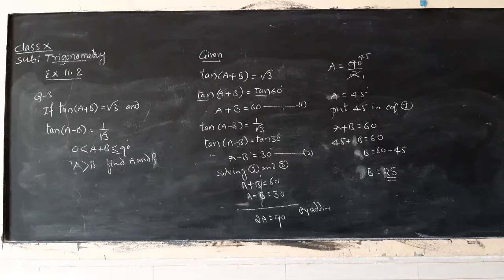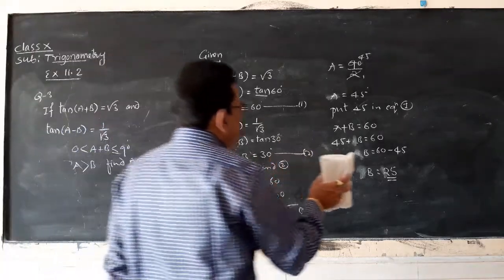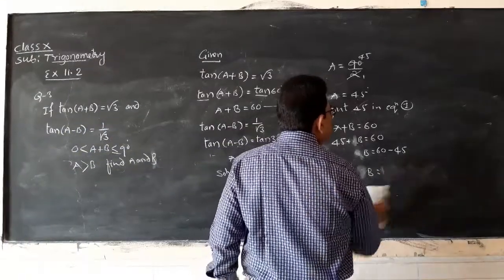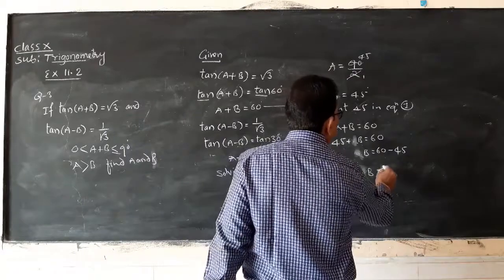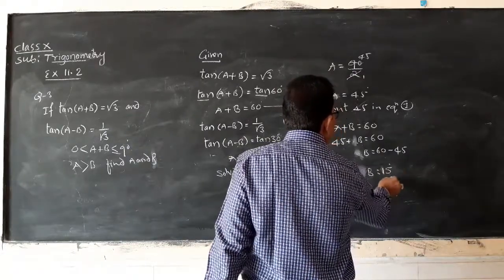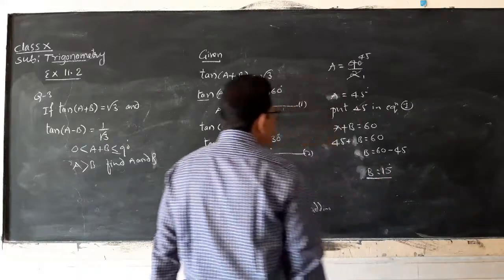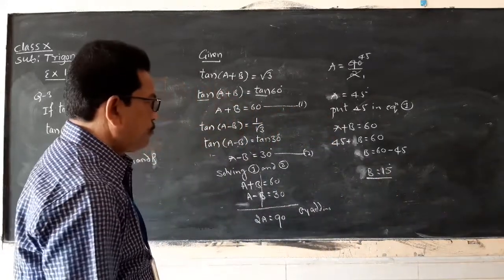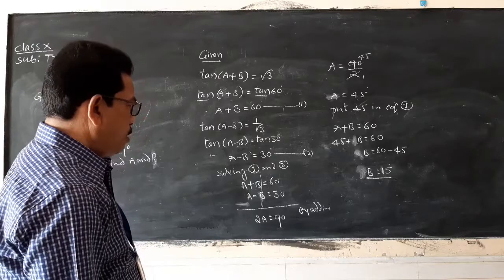So now angle B is 60 minus 45, that is 15. Angle B is 15.